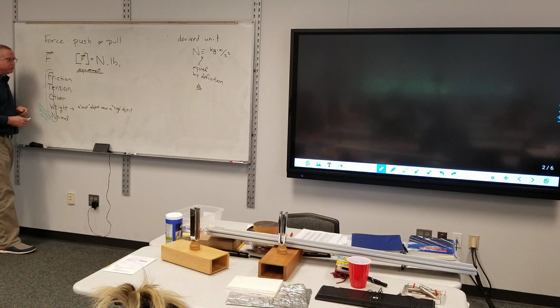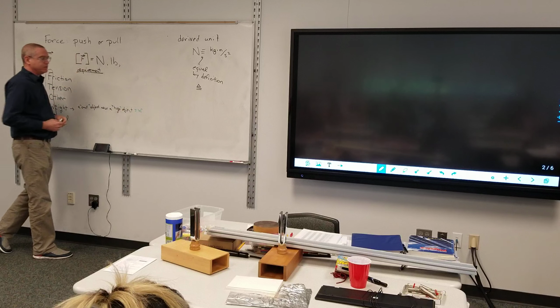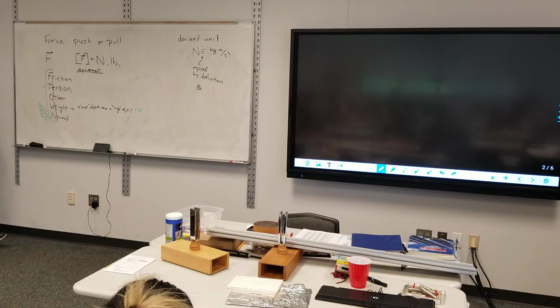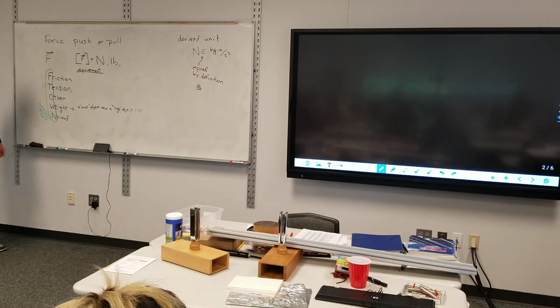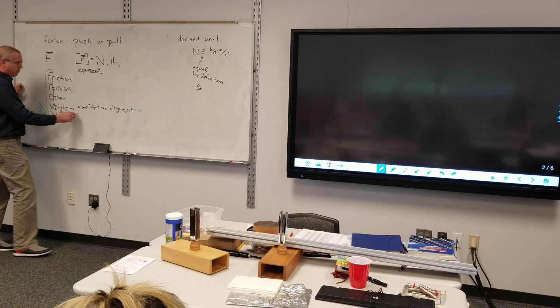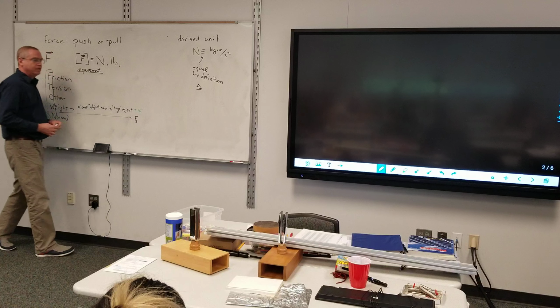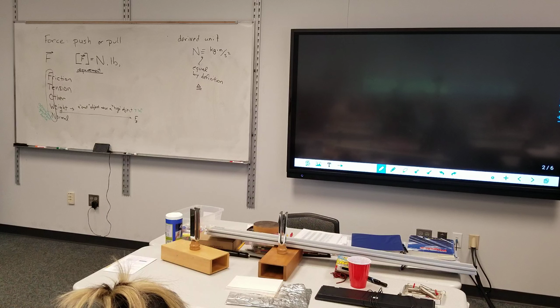Now, the symbol I use for weight is a lowercase w. Usually you put a little flare off to the side there, a little serif, just to differentiate it from a capital W. And for the generalized gravitational force, the symbol I use is an F sub G, little subscript G for gravitational.